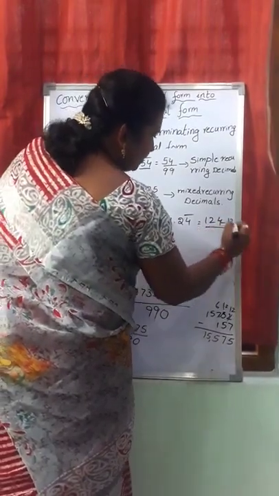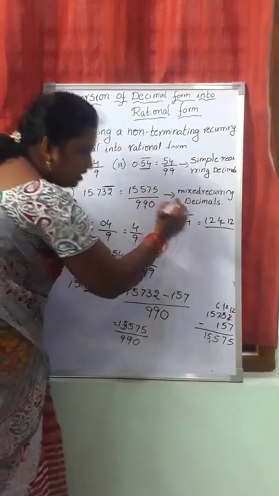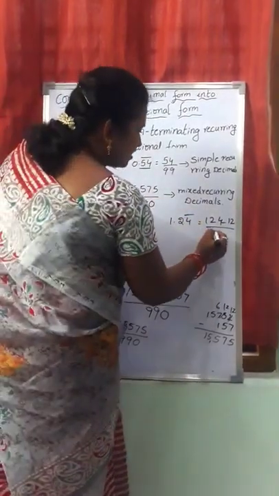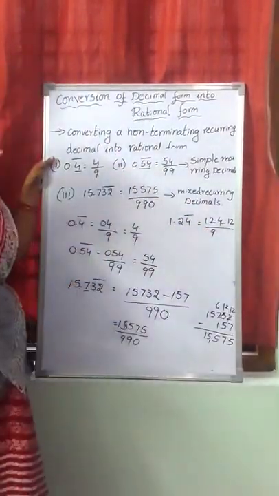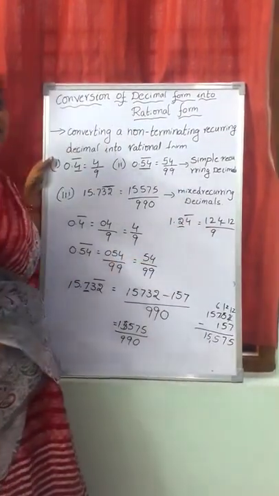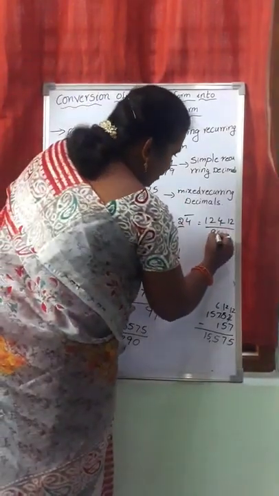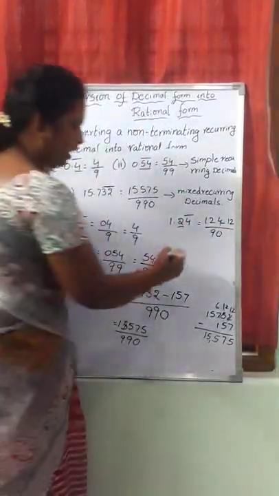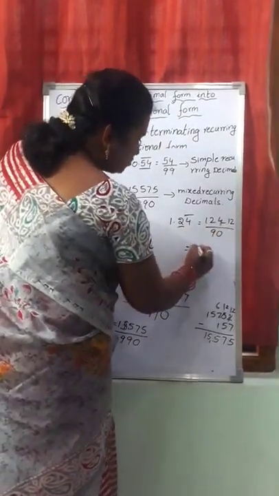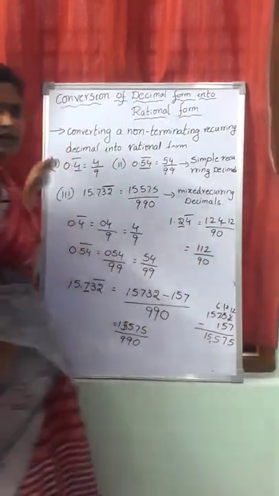Divided by as many 9s as the recurring places, only one recurring place, so one 9. And how many non-recurring places are there in the decimal part? Only one, so we keep one 0. Now 124 minus 12 is 112 by 90.